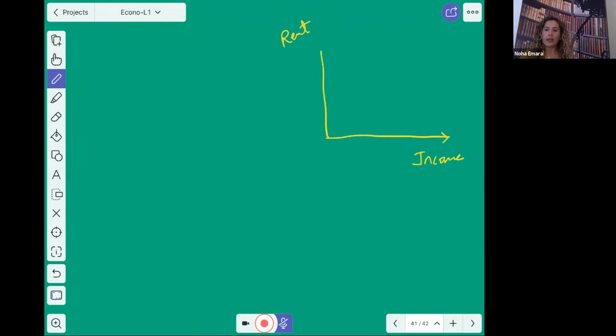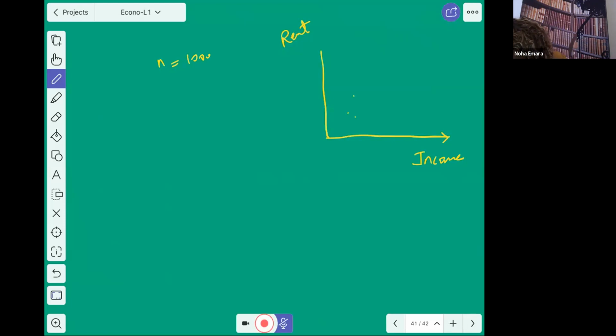Assume that I have a group of 1,000 people, and I take each person and I ask 2 questions: what is your income and how much do you pay for your rent? I take the 2 observations per person, and I'm going to have 2,000 observations, right? And I'm going to report these here.